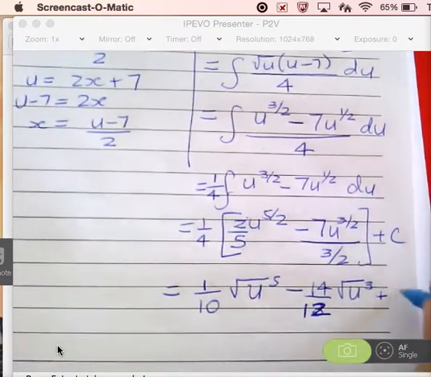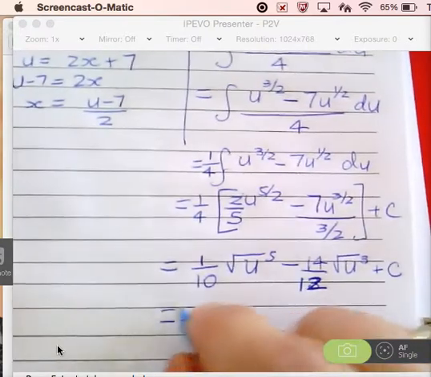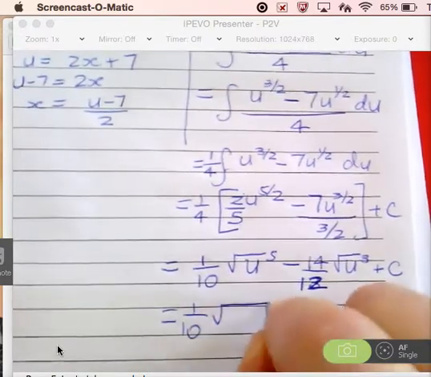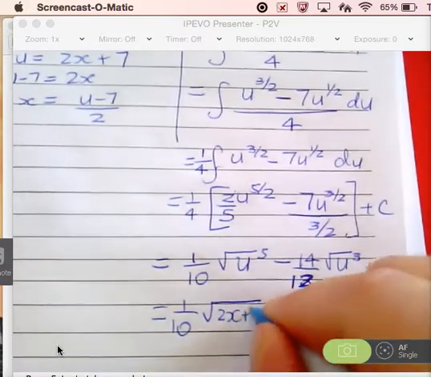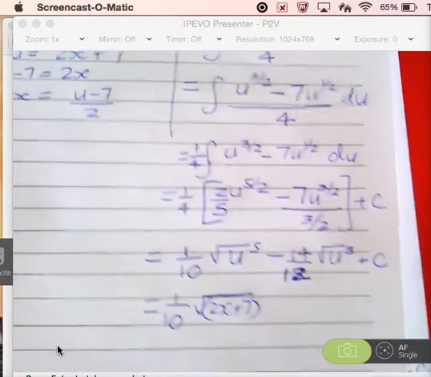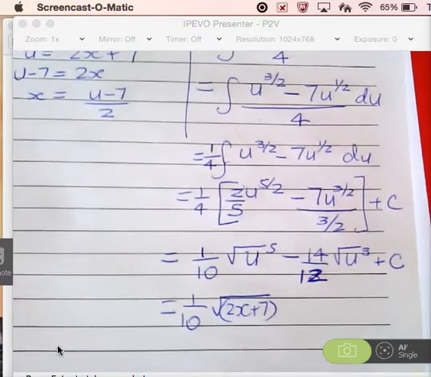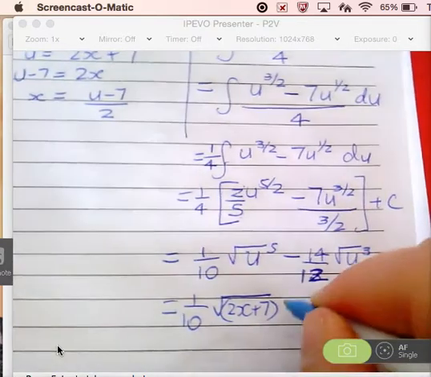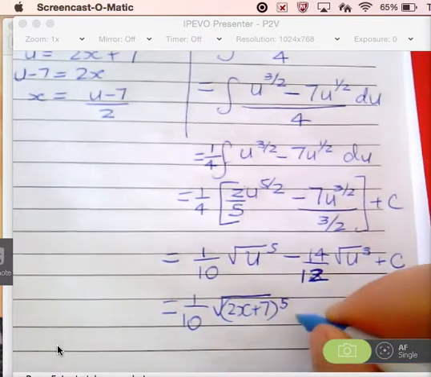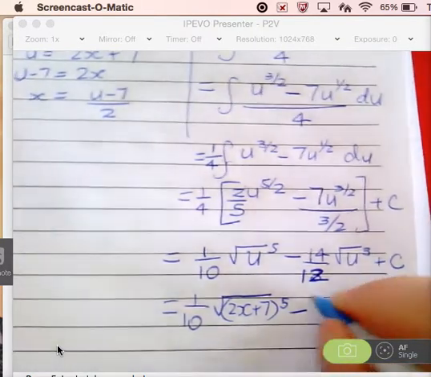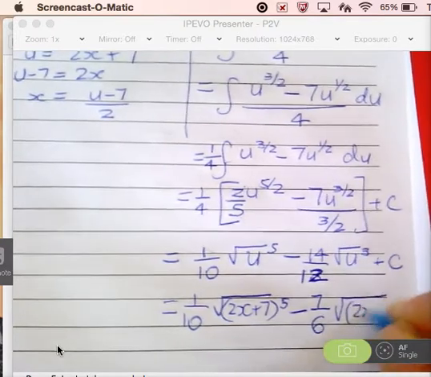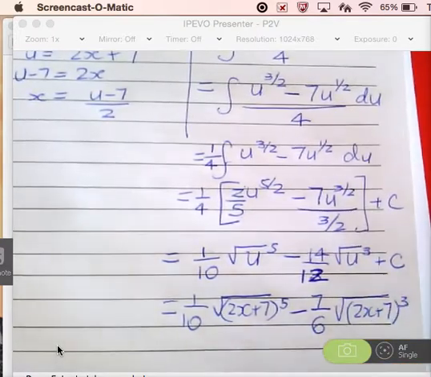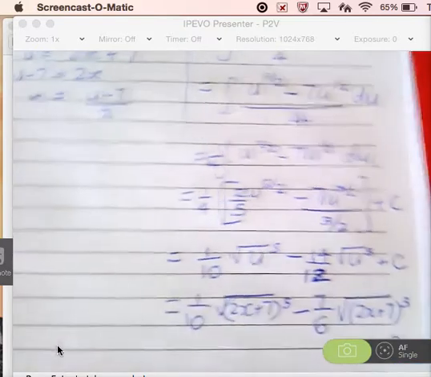Plus c, which is 1/10 the square root of 2x plus 7 to the power of 5, minus 7 on 6 the square root of 2x plus 7 cubed, plus c, replacing u now.